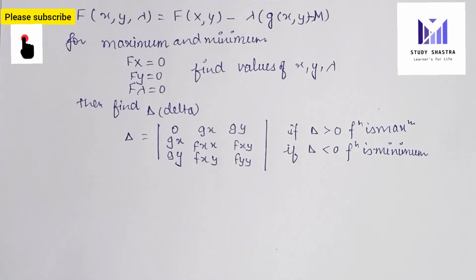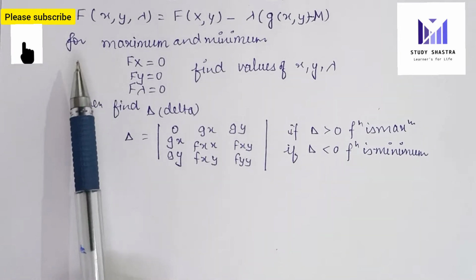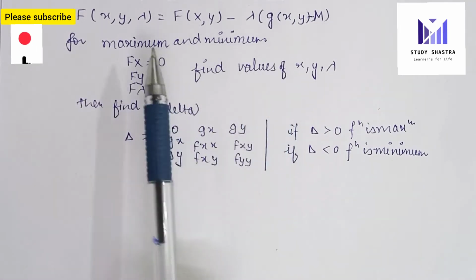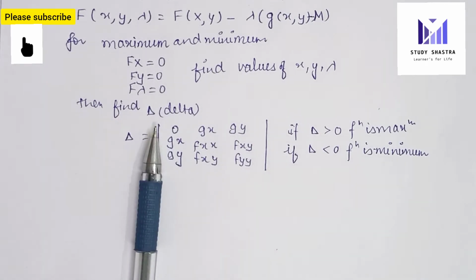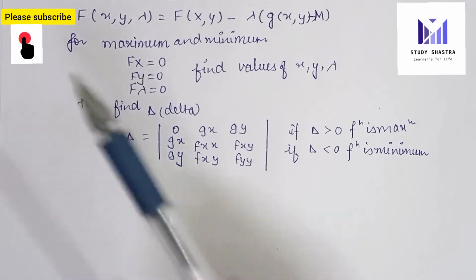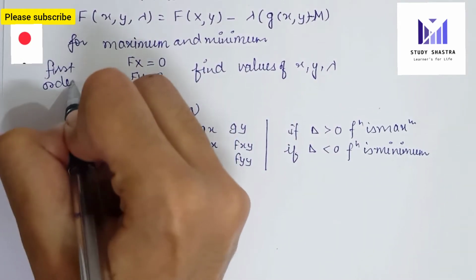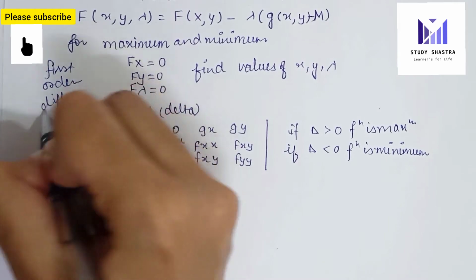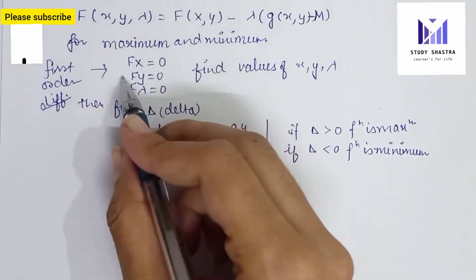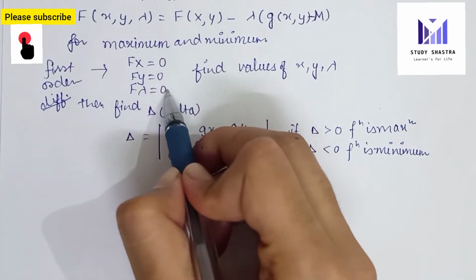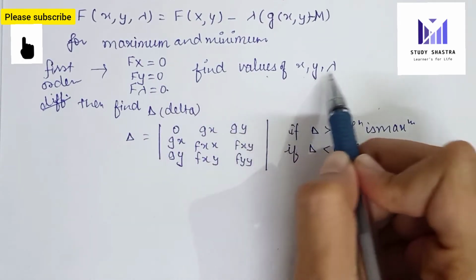Students, before doing a question, we will first understand how to find the maximum and minimum. We will use Fx, Fy and F lambda, the first order differentiations, equate all of them to zero and find the values of x, y and lambda.